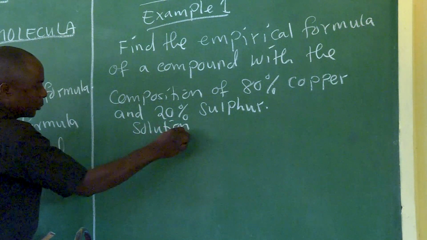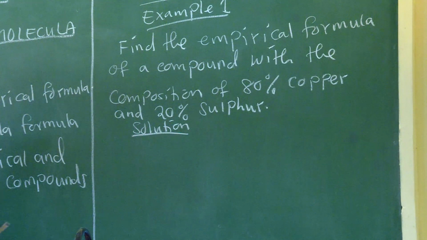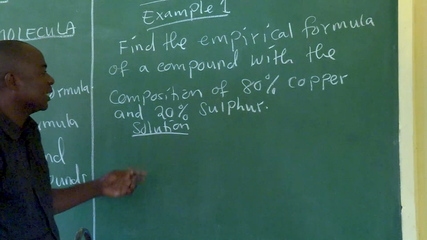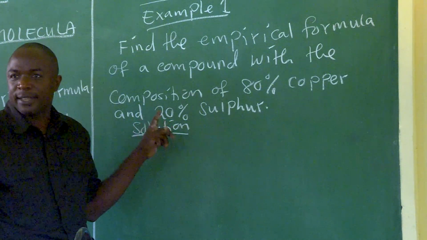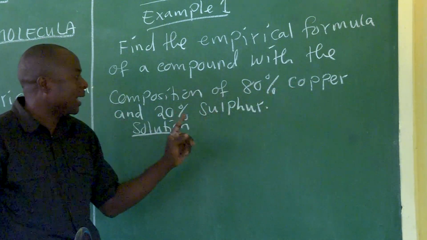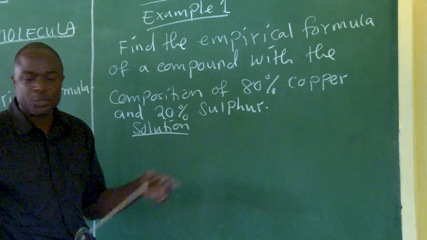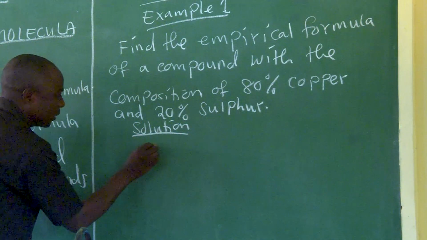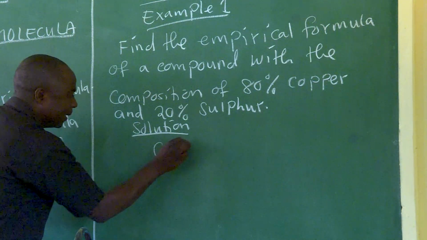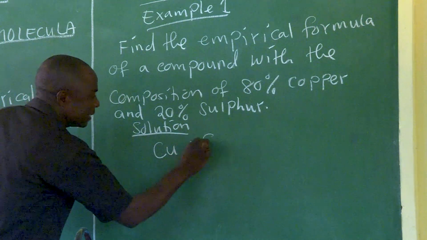Solution. The first step we have gone through is we should write the symbols of the combining what? Elements. So, what are the elements that we have in this compound? There is copper and sulfur. So you write down the symbols: copper, the other one is sulfur.